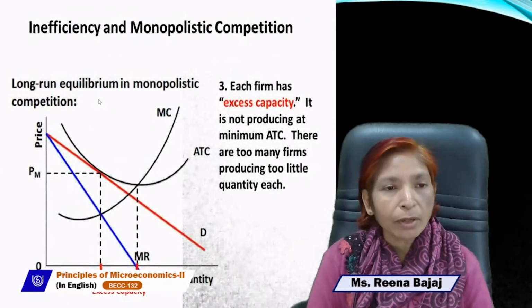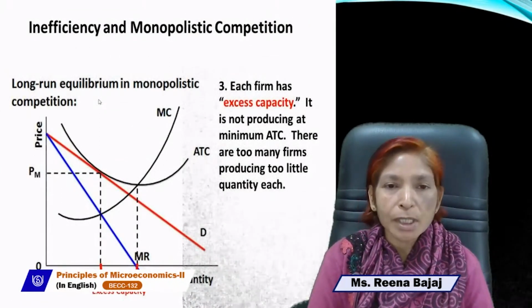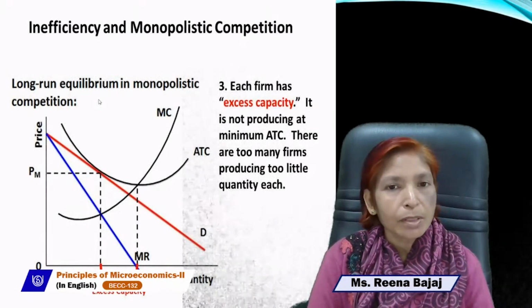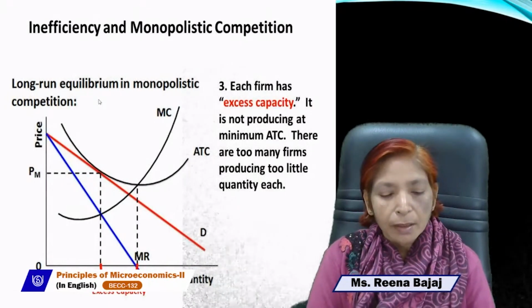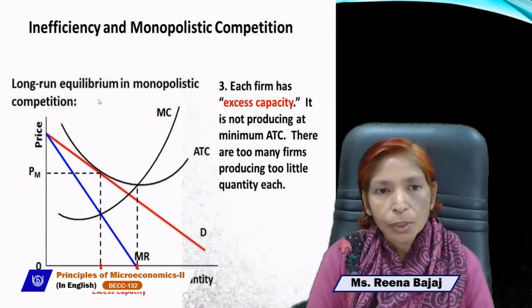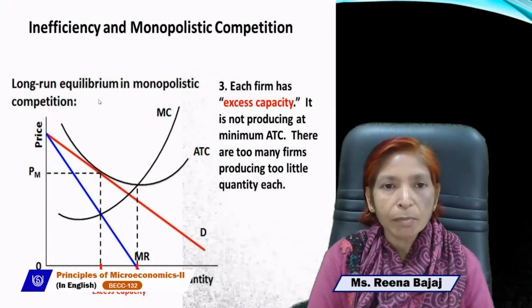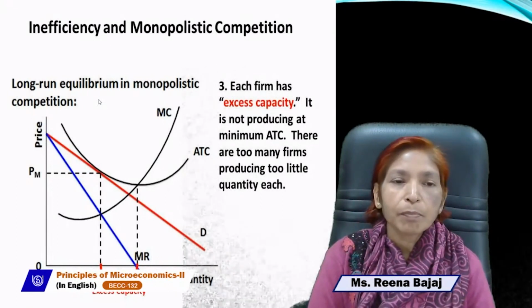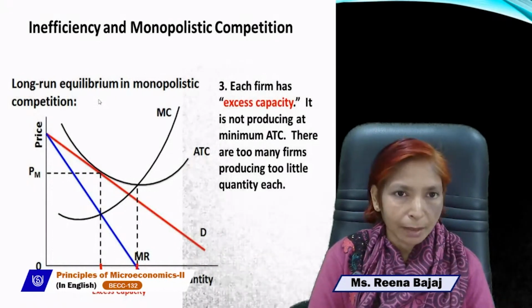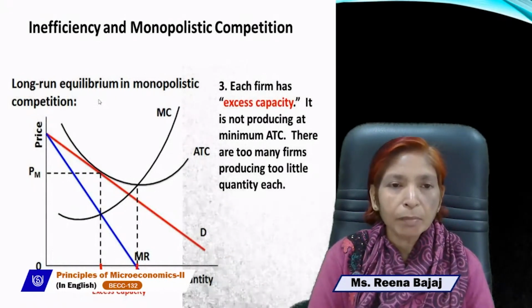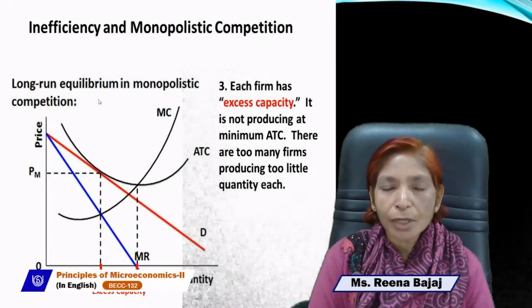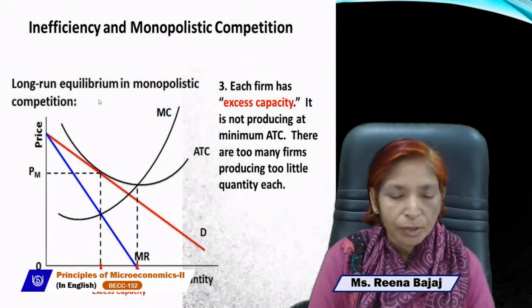Next, this is a very important topic under this market: inefficiency and monopolistic competition. As I have told you, a perfect competition market is a perfectly efficient market because perfect competition is a price taker, not a maker.